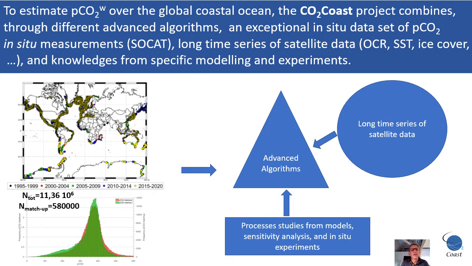To estimate pCO2 over the global coastal ocean, the CO2 Coast project combines, through different advanced algorithms, an exceptional in situ dataset of pCO2 measurements coming from the SOCAT database, long time series of satellite data coming from OCR, SST, ice cover, wind speed, and knowledge from specific modeling and experiments which will be performed during the project.